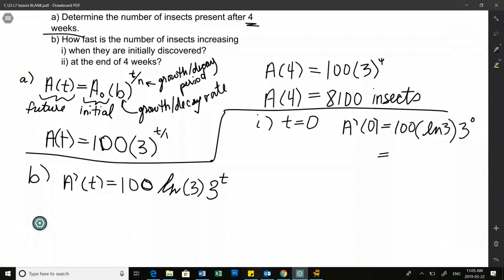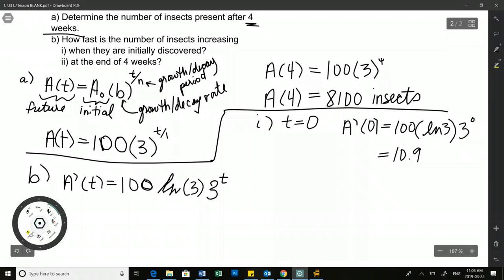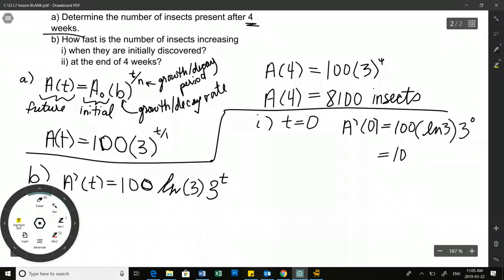So I'll have you guys calculate that for us. 109.86. That 0.00089 of that insect is very important. What did you say, sorry, 109.861. Okay, so can we say approximately 110 insects?